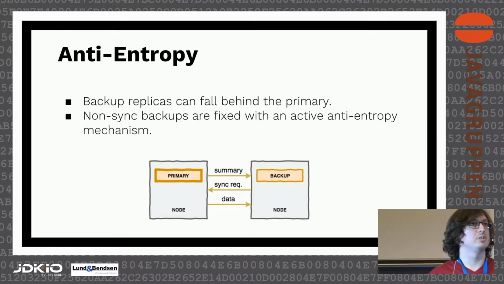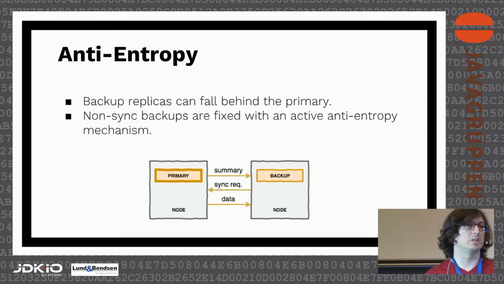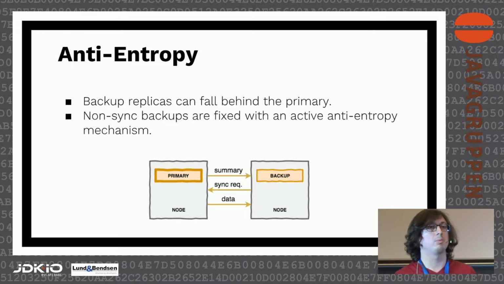To resolve these issues, we run a periodic task on each Hazelcast server. This task creates summary information for the primary replicas it contains and sends this summary information to the backup replica nodes. Then each backup checks whether its local data matches the summary information sent from the primary.